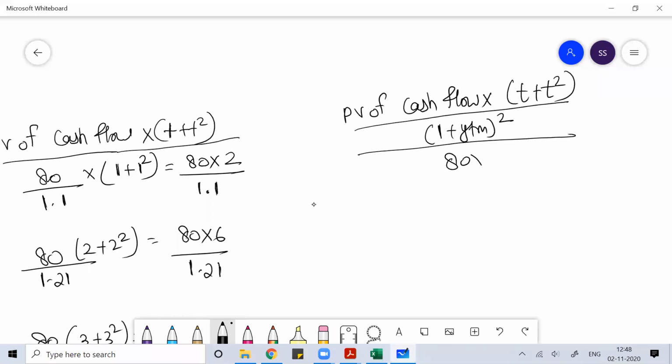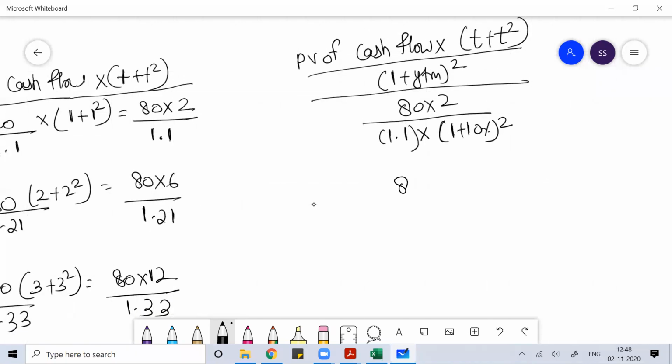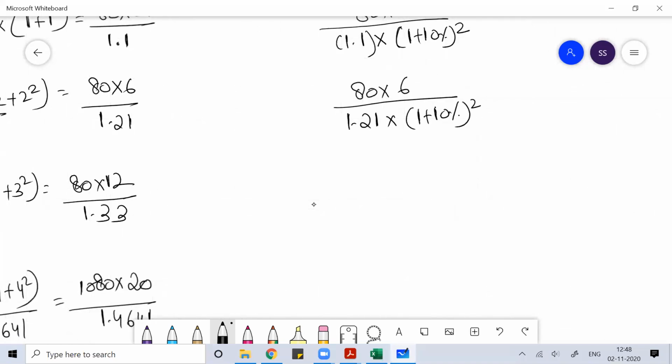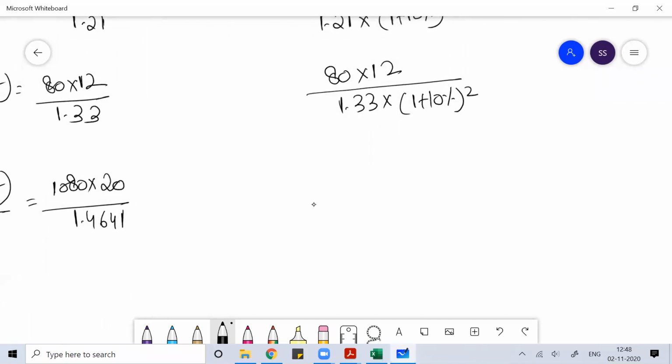So this is 80 into 2 divided by 1.1 into 1 plus 10% squared, then 80 into 6 divided by 1.21 into 1 plus 10% squared, then 80 into 12 divided by 1.331 into 1 plus 10% squared, and 1080 into 20 divided by 1.4641 into 1 plus 10% squared.